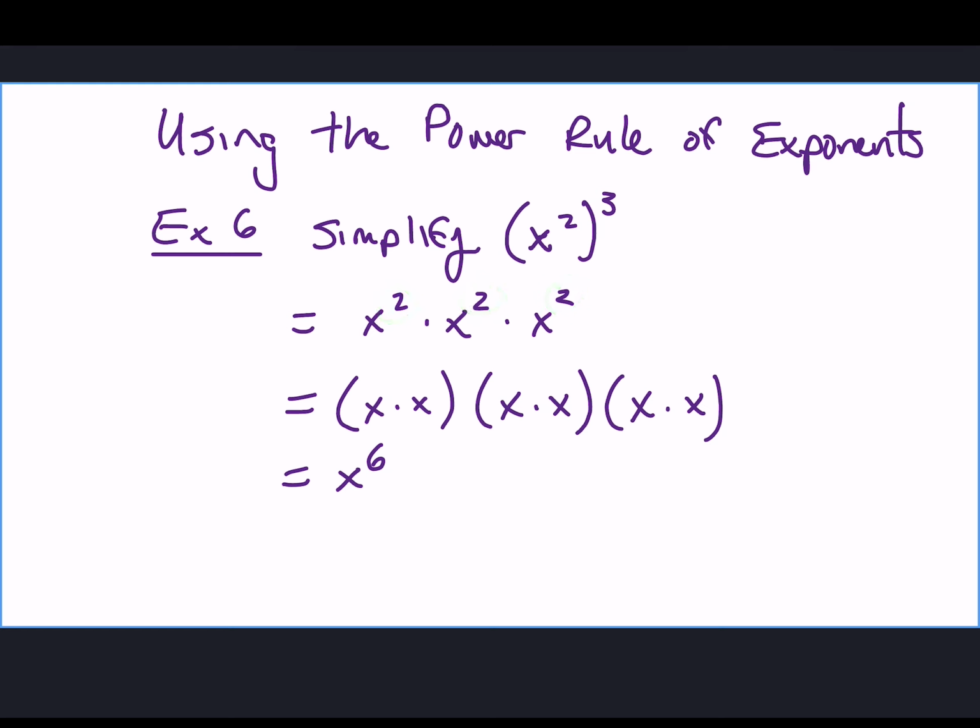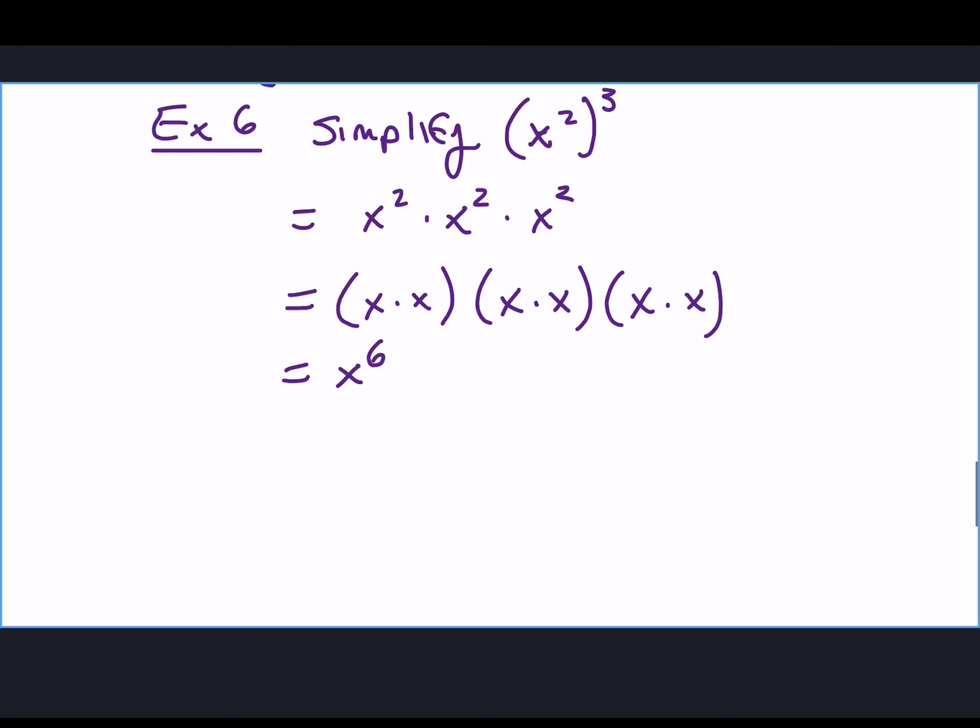Or if we had this power rule, we could have just started here and multiplied 3 times 2. And that's why the power rule works. So, in general, if we have something like a to the m raised to the n power, that simplifies to a to the m times n.